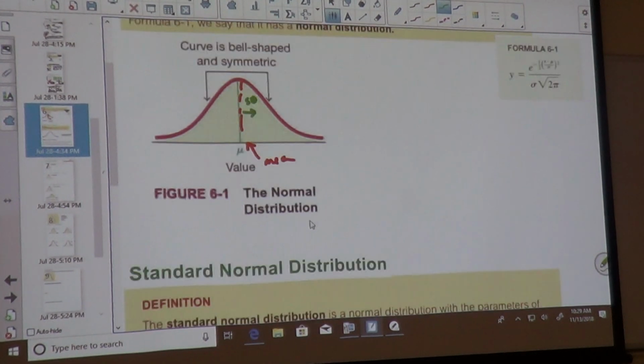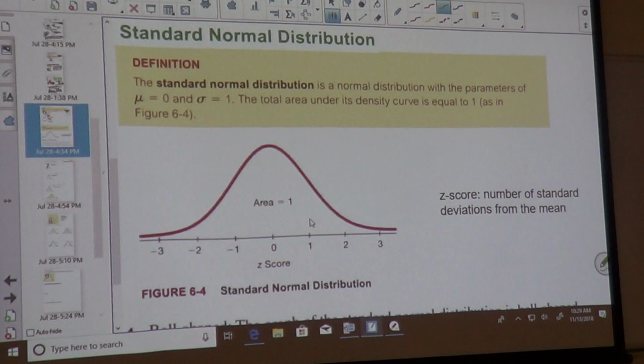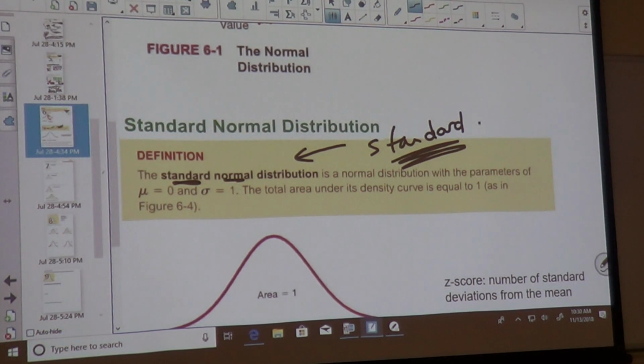The only difference now, and these are actually a whole lot easier, is that when you are dealing with a standard normal distribution, your mean is always equal to 0.